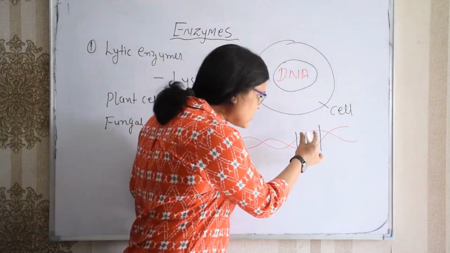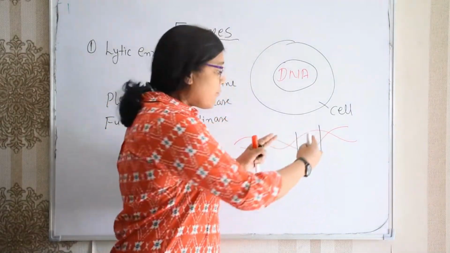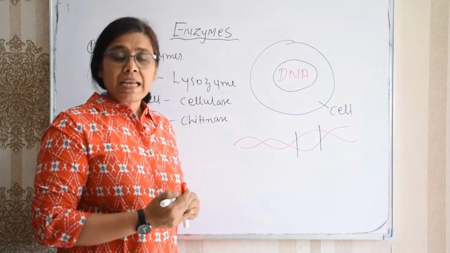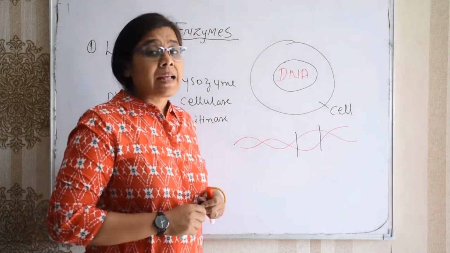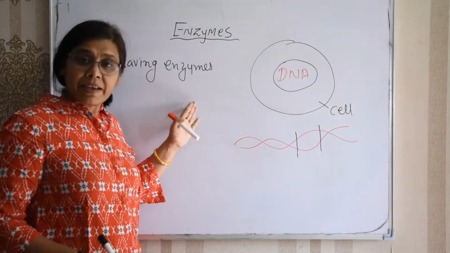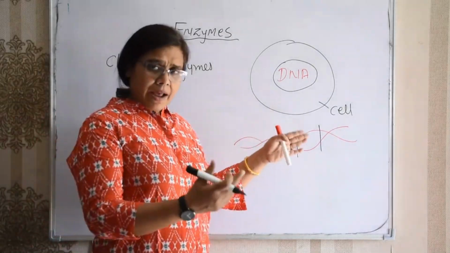To obtain this fragment of the DNA, we have to cut the DNA. For cutting this fragment of DNA, there are other enzymes called cleaving enzymes. Cleaving enzymes cut the DNA molecules into fragments.